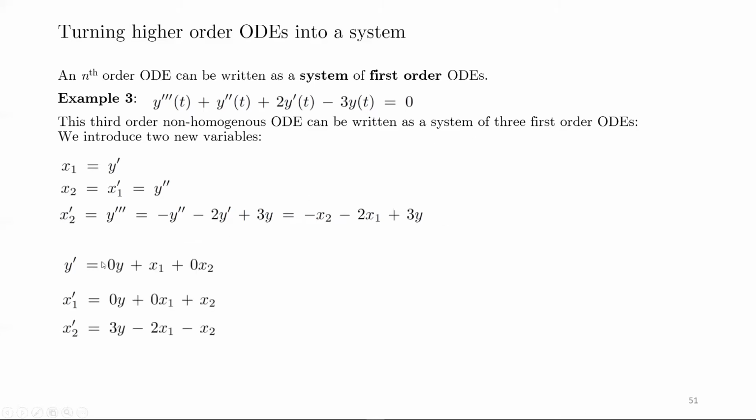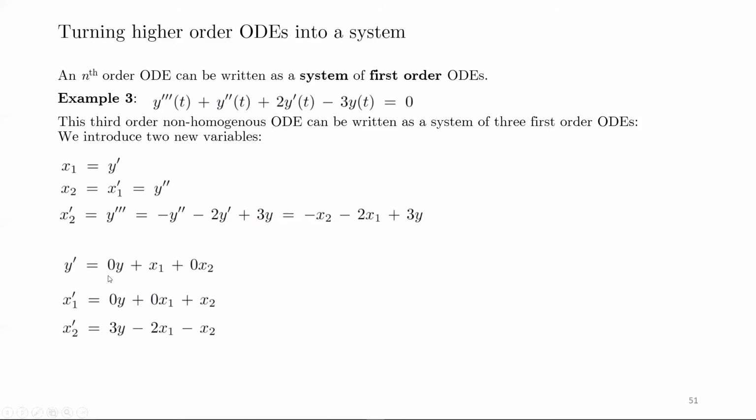Okay, so recall here I've written y as the first equation, x1 is the second, and x2 is the third, so I've written my variables in that order as well. So my y terms, my x1 terms, and my x2 terms, because I think that makes it really easy to read off the coefficient matrix A if you do it in that way. So I've added the 0 terms in here as well.